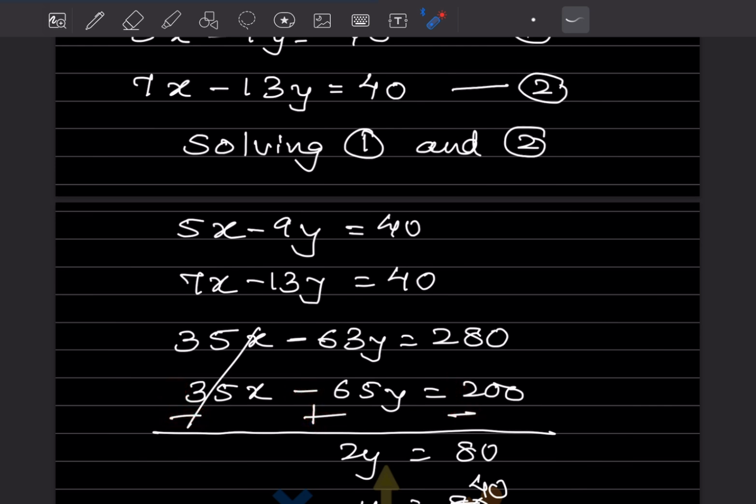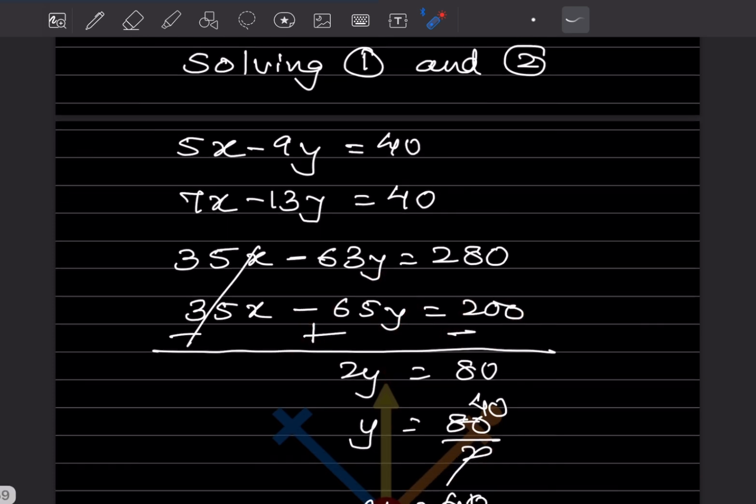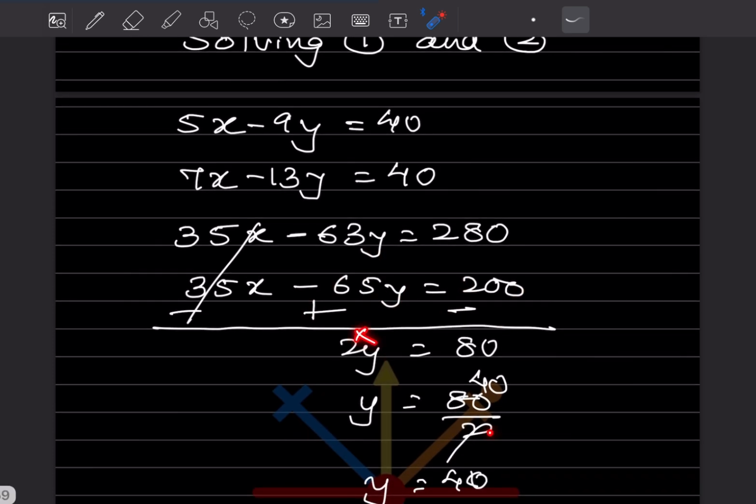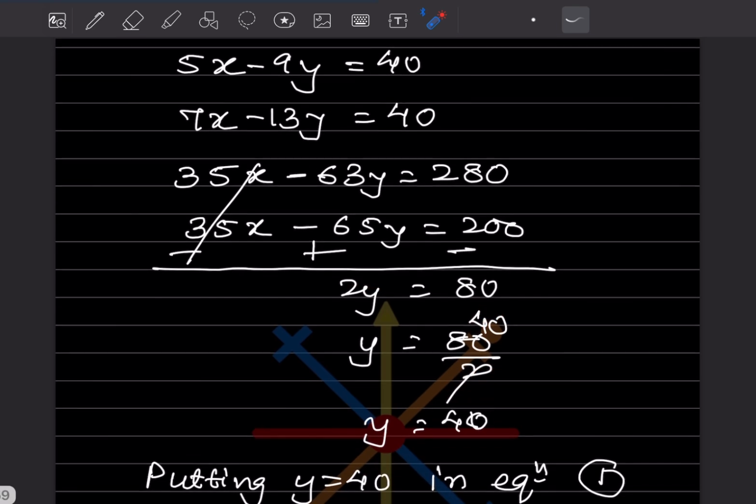So now we are going to concentrate on the new sign. So this is minus 35x and this is plus 35x, so that is going to be 0. Just consider here plus 65 minus 63, that is going to be plus 2y, and this is going to be plus 280 minus 200, that is going to be 80. So y is going to be 80 divided by 2. So this is going to be 40. So y is 40.